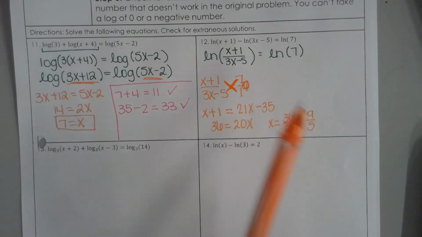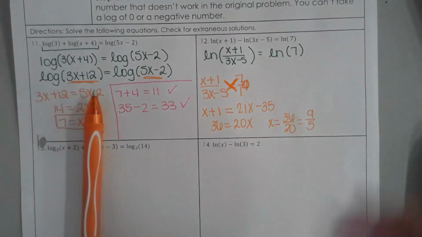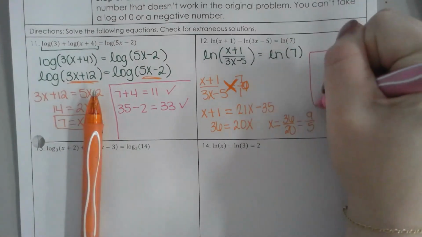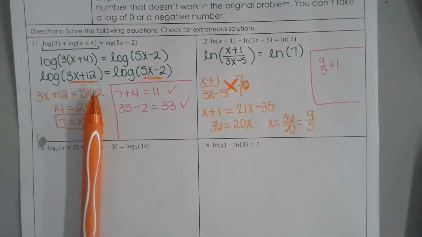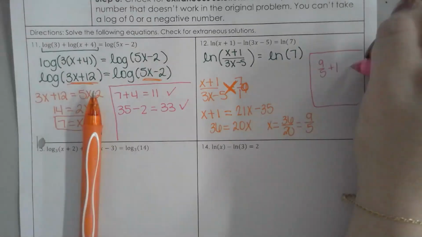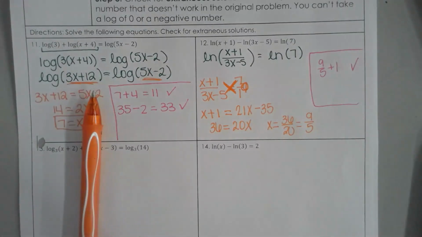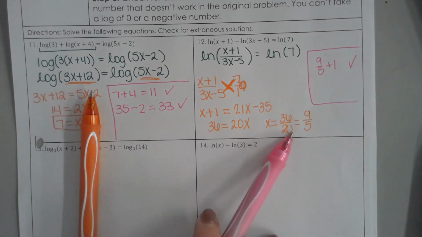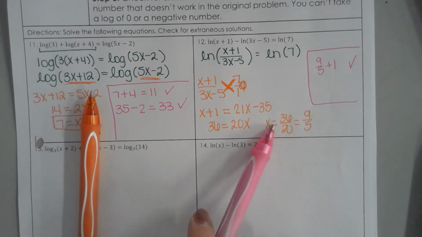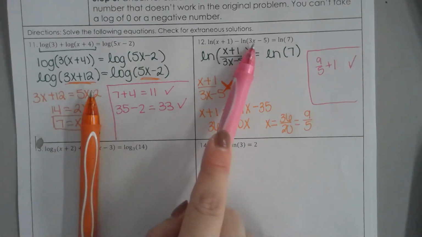That's a positive number. If I add 1 to it, you don't really have to know what that value is. You just need to know that it's positive. You add 1 to a positive number, it's going to be positive. This one is a little harder to figure out without a calculator.